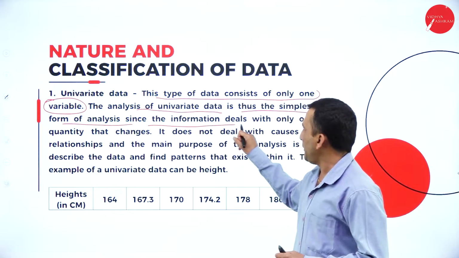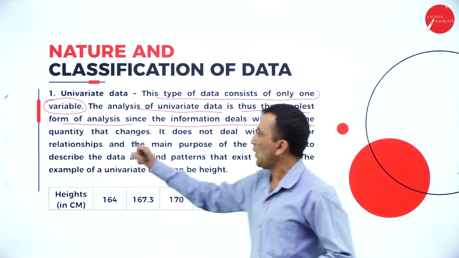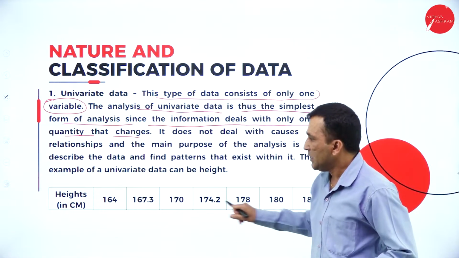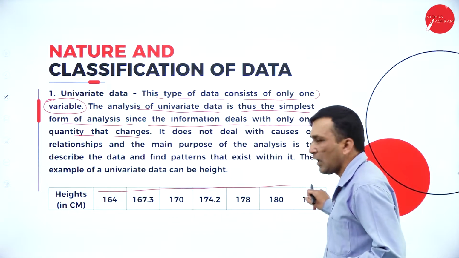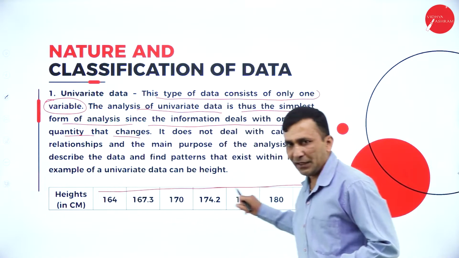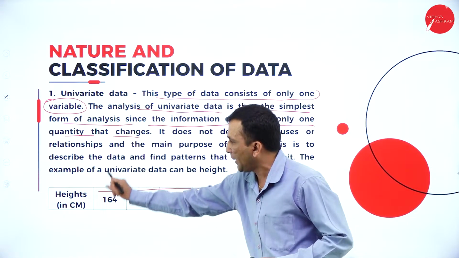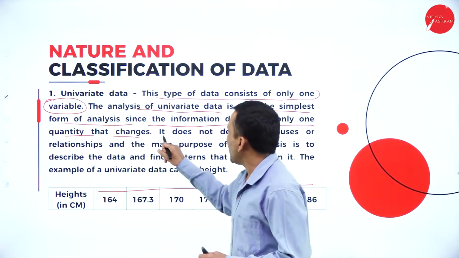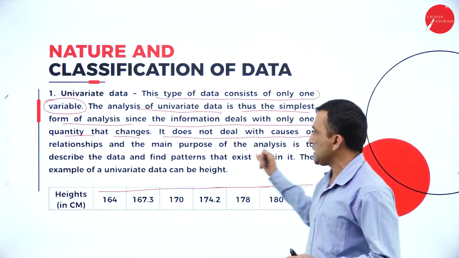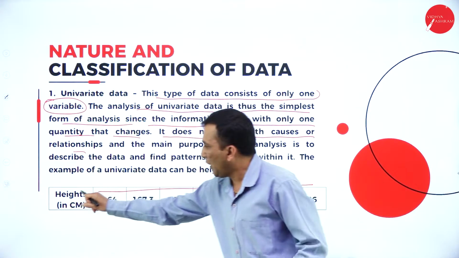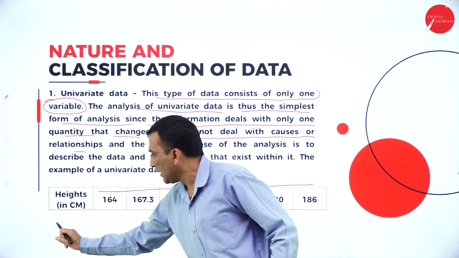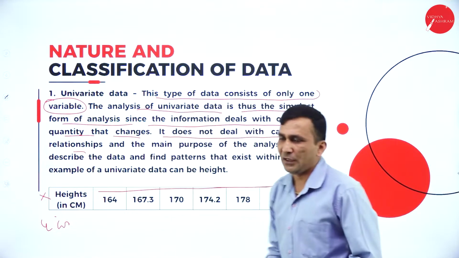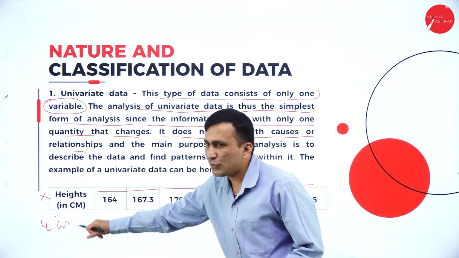Since the information deals with only one quantity, only one quantity will be changed. This is called a one variable set of data, or you can say discrete data. It does not deal with causes and relations. If you take height as x and y as weight, then you need to find out the relations.